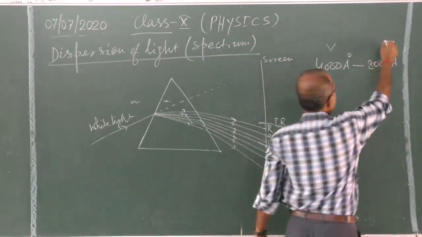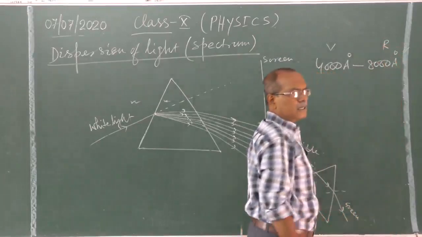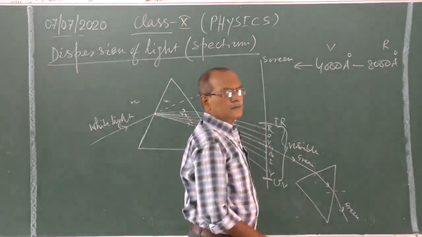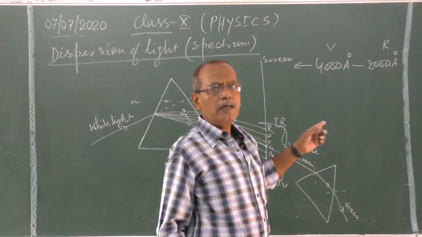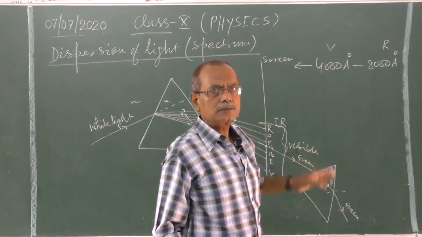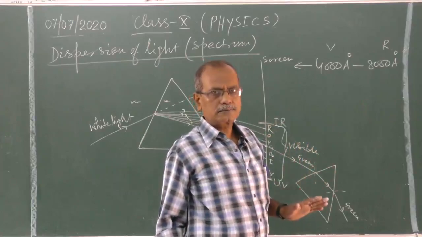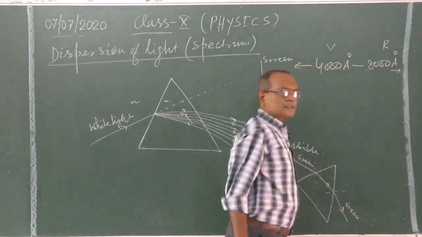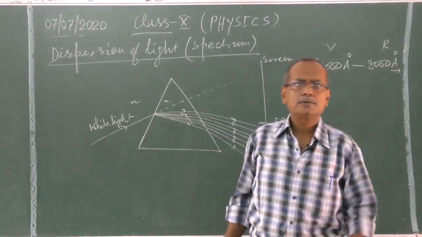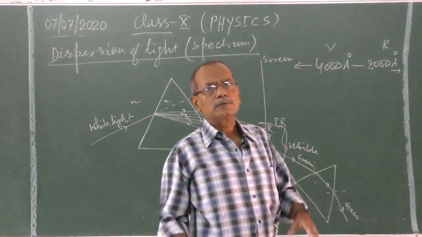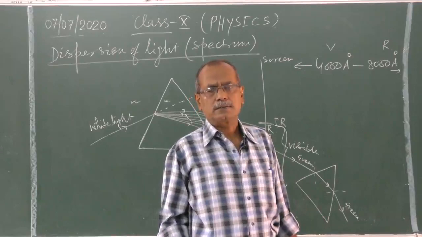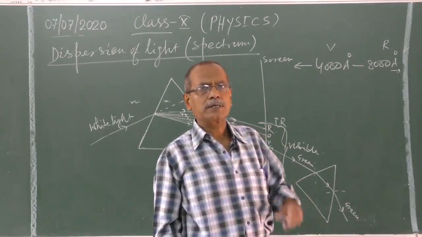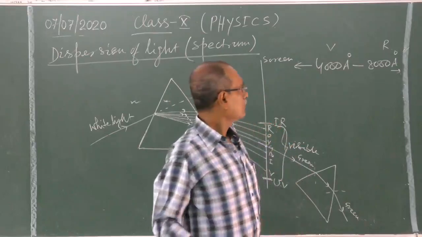This is violet, this is red. Below violet, less than 4000, we cannot see, and above 8000, above red wavelength, we also cannot see. Our retina will not show it.